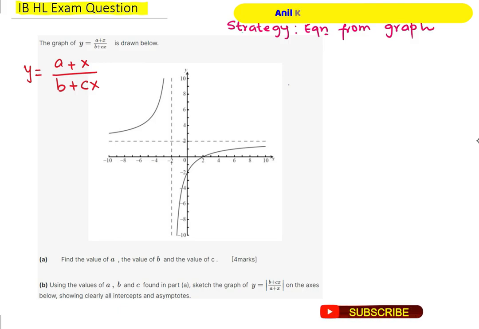When is the numerator 0? The numerator will be 0 when we have an x-intercept.